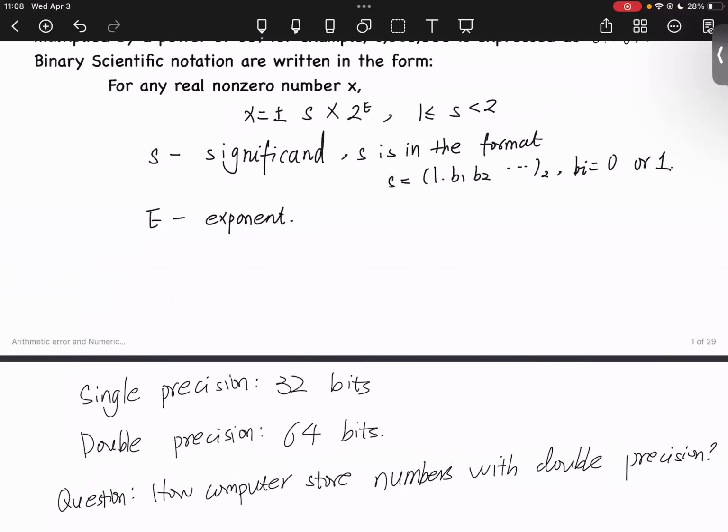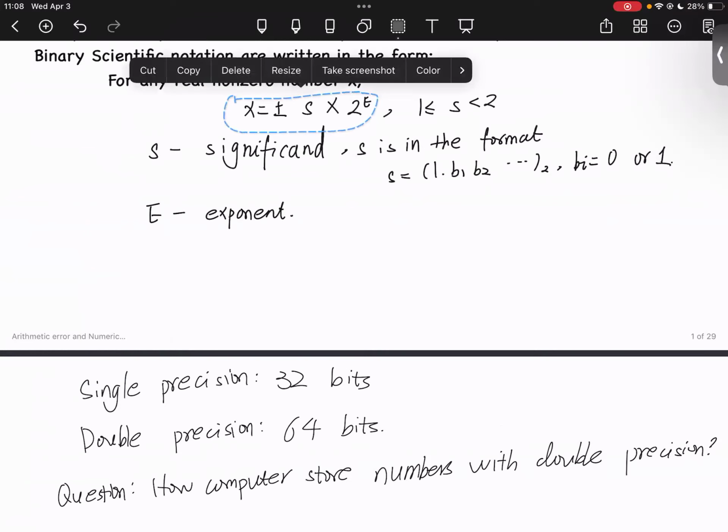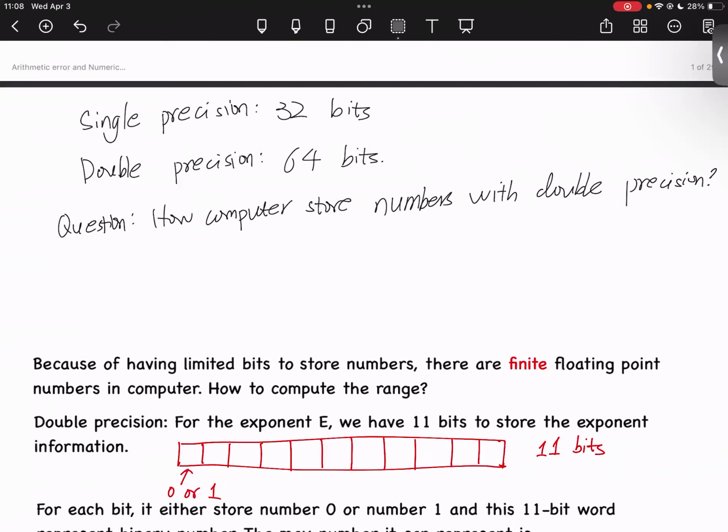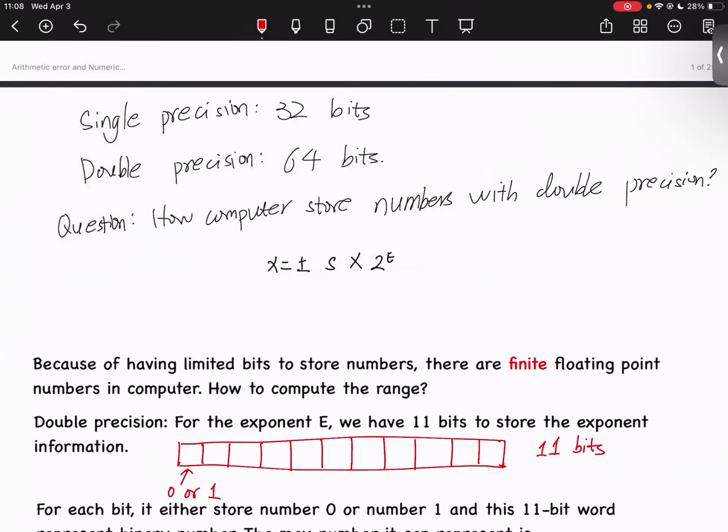So let's copy and paste this binary scientific format here first. In the computer, we have 64 bits, and it would use one bit to store the sign information.